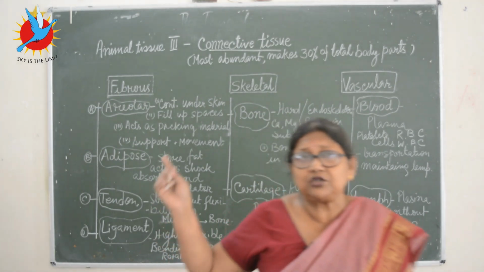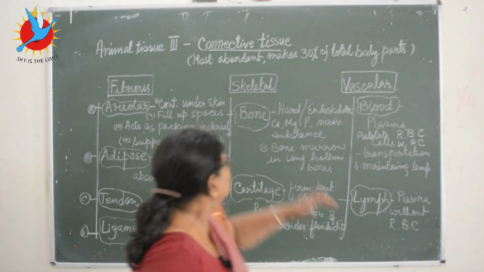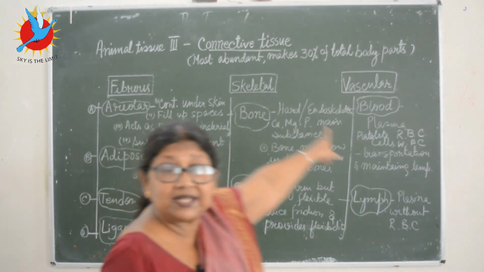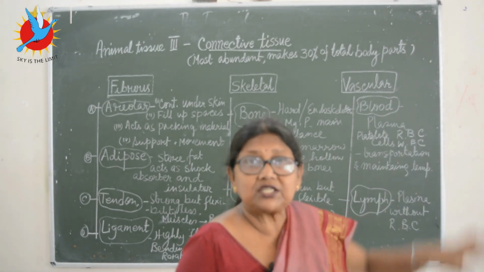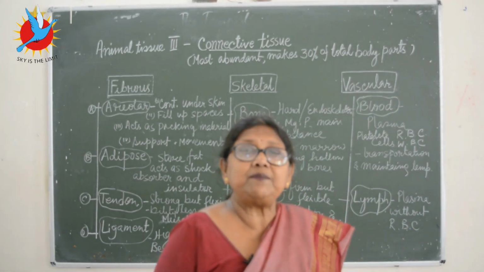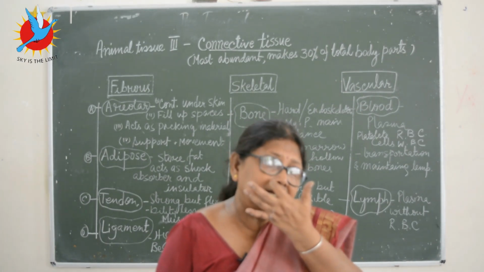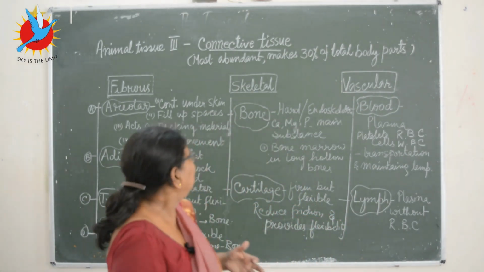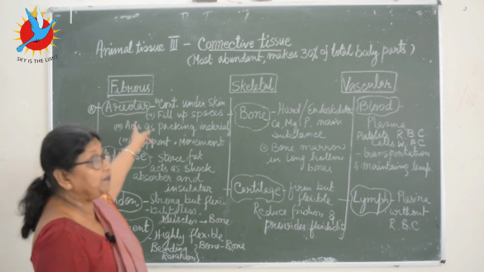What is the connective tissue? What did you learn today in the connective tissue? It is the most abundant tissue, connects all the different parts and organs of the body, and is packed in between the empty spaces, so it is also called the packaging tissue. Its different types are fibrous, skeletal, vascular.